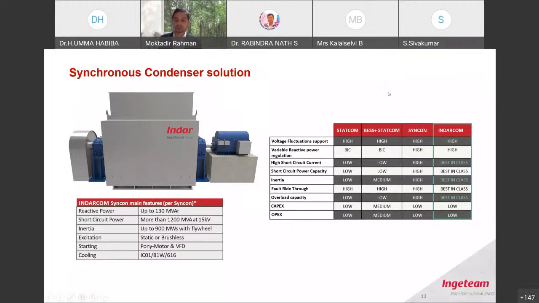For example, comparing the performance of the synchronous condenser with the STATCOM and battery solution, you can see that voltage fluctuation support is very high and short circuit current is also high. The comparison between the Syncon and the STATCOM is almost the same, but sometimes it's lower and sometimes higher based on the criteria you have chosen.